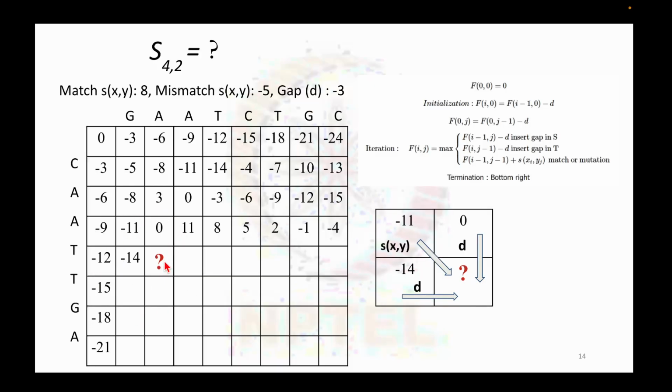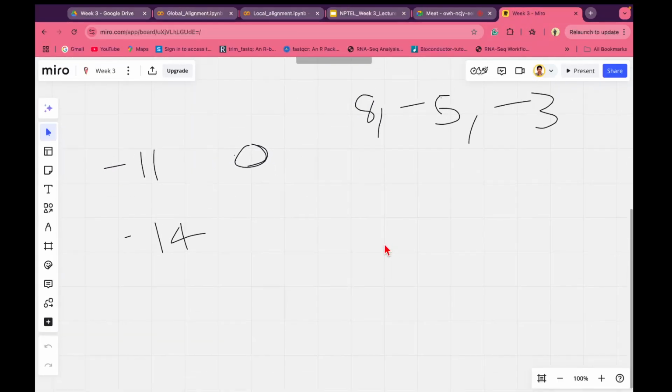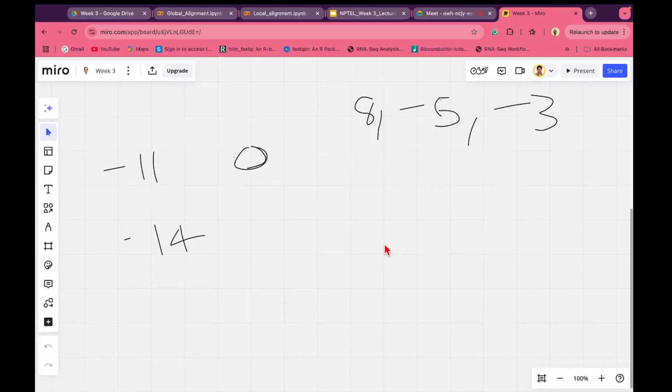So this s of x comma y depends upon match or mismatch. So one value is minus 11, minus 5, another is minus 14, minus 3, and another is 0, minus 3.